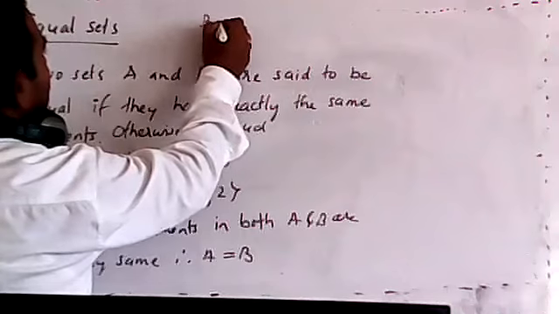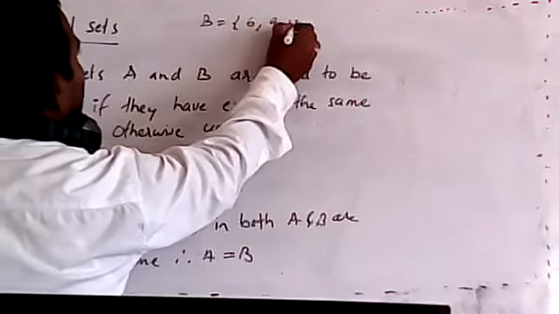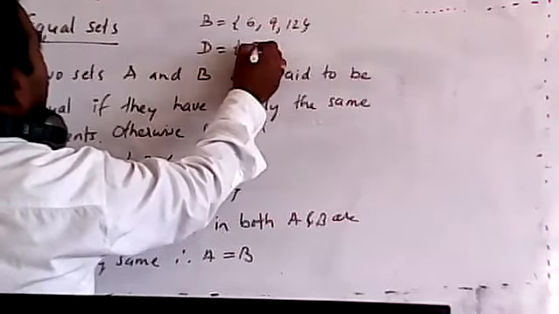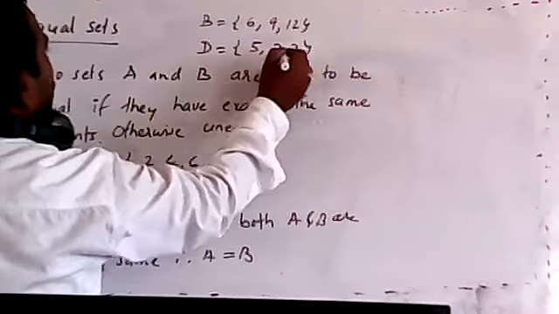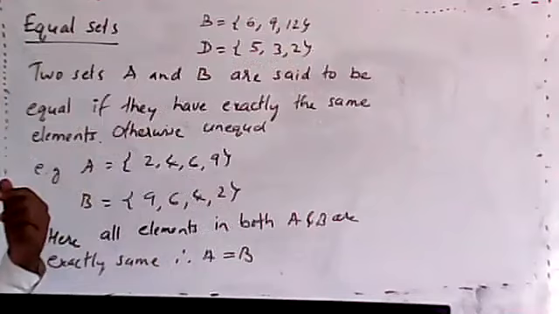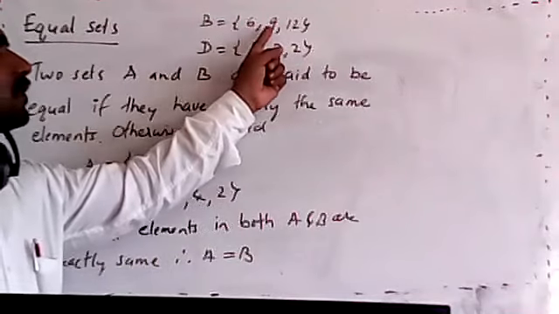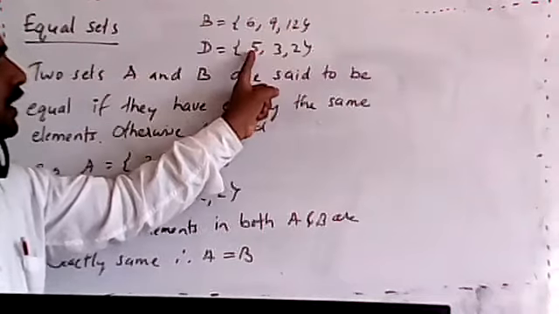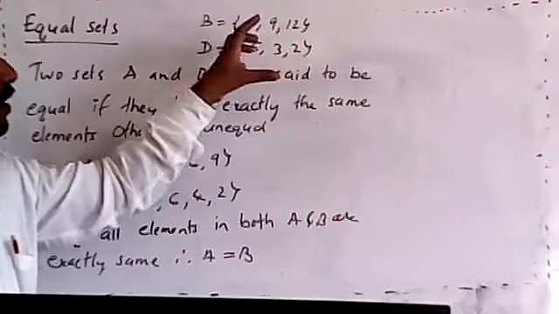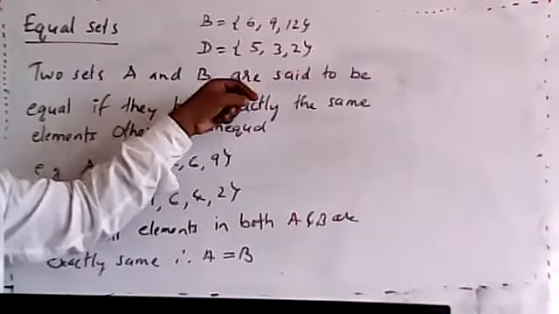Set B is equal to 6, 9, 12. There is another set D equal to 5, 3, 2. Are B and D equal sets? See, here three elements are there, 6, 9, 12. Here also three elements, 5, 3, 2. They might be the same in counting, but they are not the same in values.